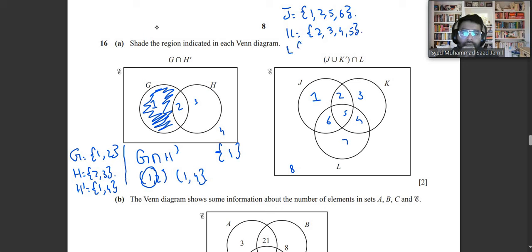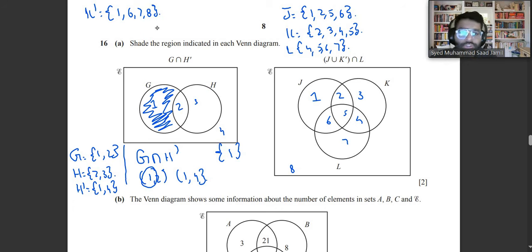In L, you have 4, 5, 6, 7. Alright. So J union K complement. So K complement is going to be which number? K complement is going to be all the numbers except K. So it's going to be 1, 6, 7, 8.